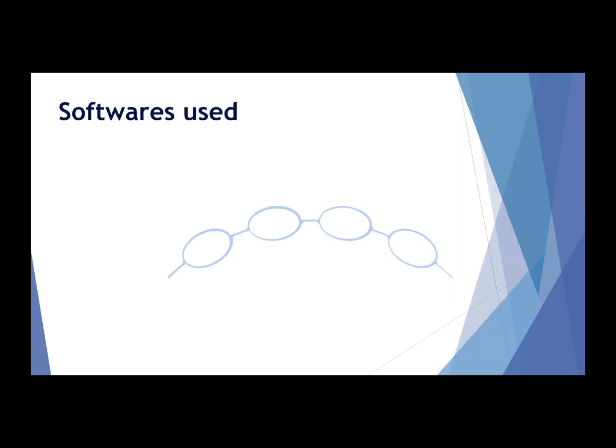Now let us see the software we used, because we programmed it, and we also used some software for creating different kinds of things. So it's very important to introduce what software we used in this project. The first one is the most common software for any Arduino based project, the Arduino IDE.